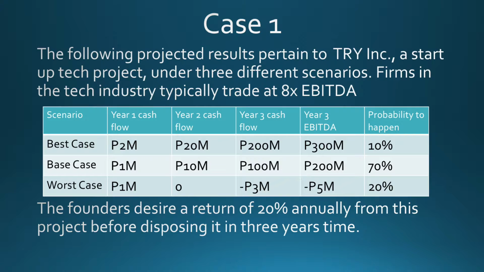The cash flows for the next 3 years are also given, with the final year projected EBITDA. Then also given is the probability of each case to happen.